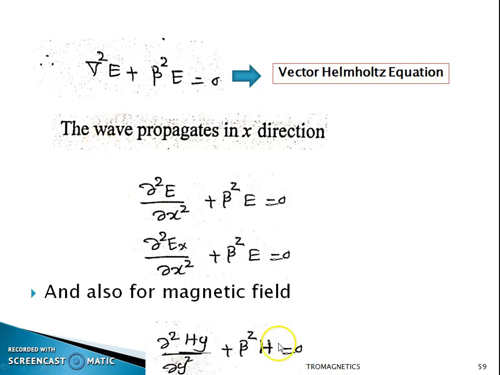So the equation for magnetic field can be written as dou square, in the place of this E we are putting H, and here it is x, and in the case of magnetic field it is y. So dou square divided by dou y square Hy plus beta square H is equal to 0. This is the wave equation in terms of magnetic field for a lossless medium.